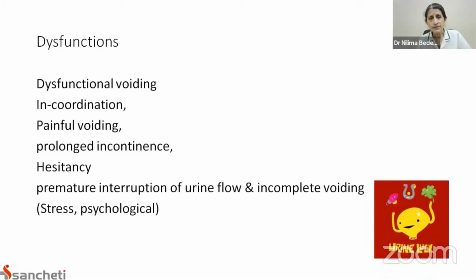There can be hesitancy and poor flow, premature interruption of urine flow and incomplete voiding, which could also be due to stress and various psychological factors. It is very difficult to analyze such factors, especially in women having several other problems. But we need to address these issues really well and in depth.